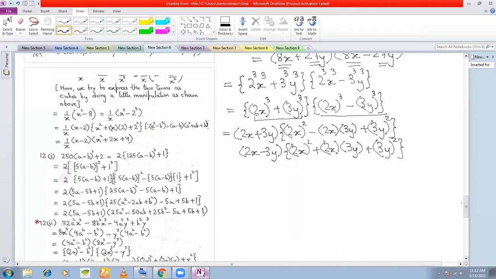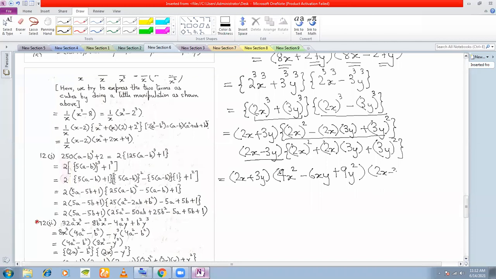Okay. So what are the factors? First factor is 2x plus 3y. The next factor is this one. You simplify this. How much will you get? You'll get 4x square minus 6xy plus 9y square. And third factor is 2x minus 3y.